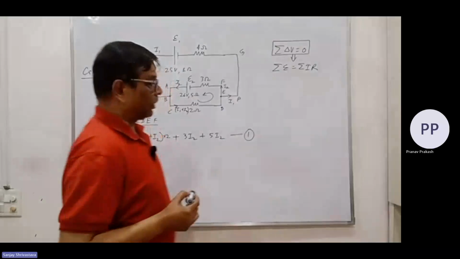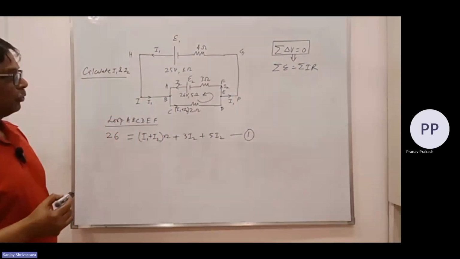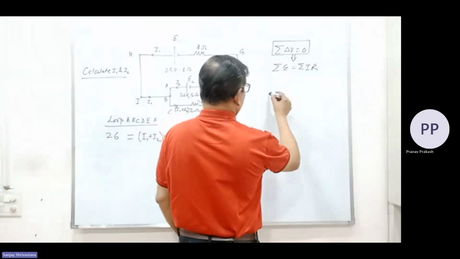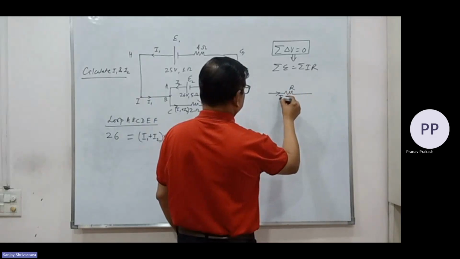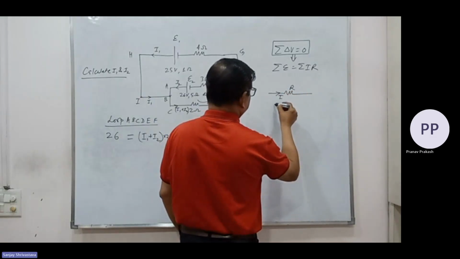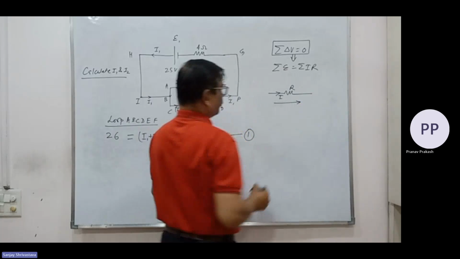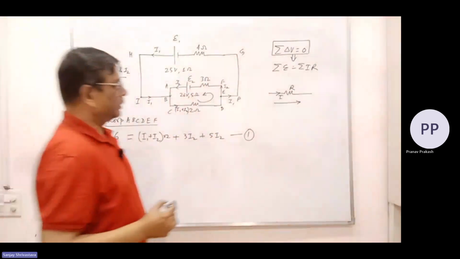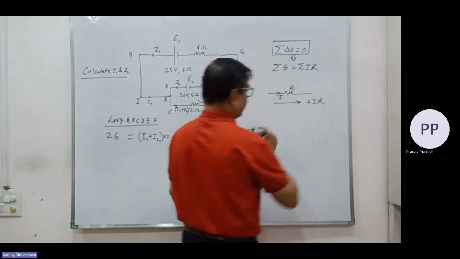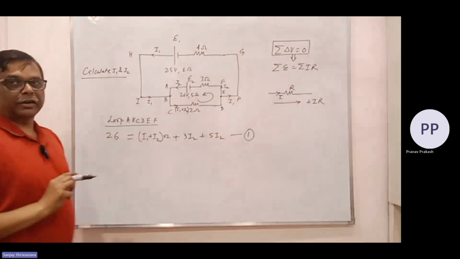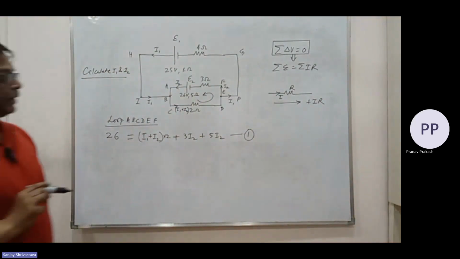And for the current and resistance product, the rule was that if the direction of the current through this R and the direction of the path are the same, then this will be plus IR.